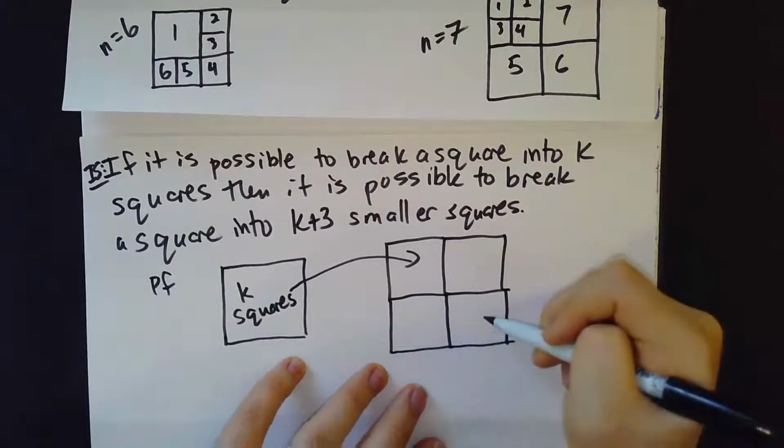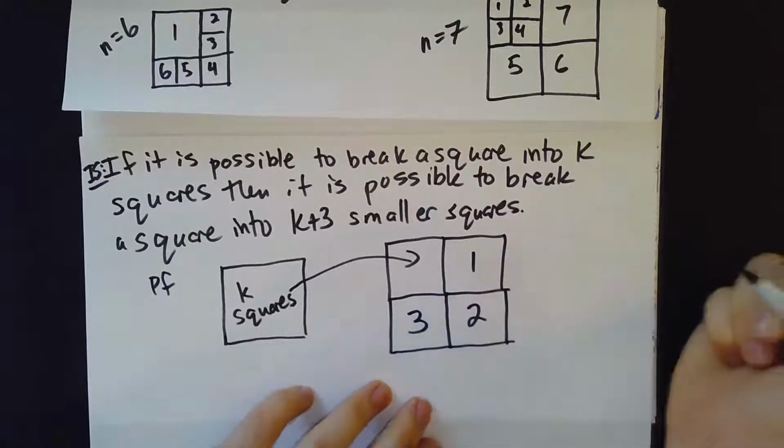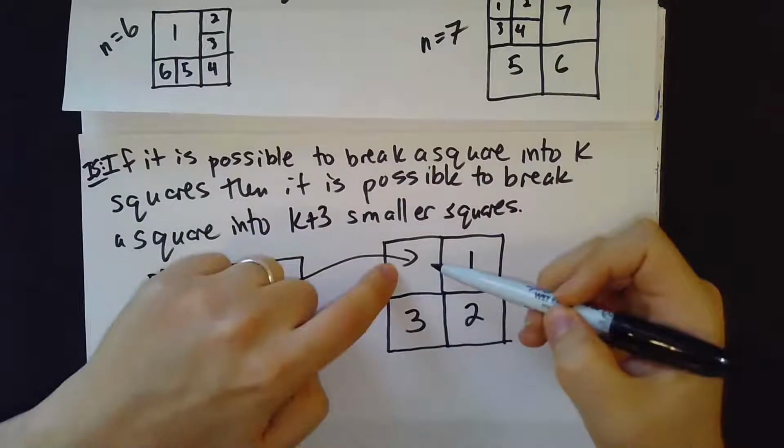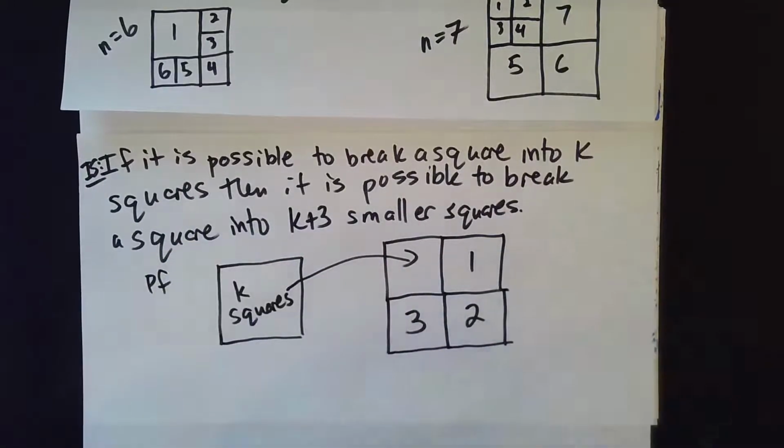And there, and there. So this is 1, 2, 3 squares, plus the k squares that are here from before. And so as soon as I can break a square into k squares, I can always break it into k plus 3 squares.